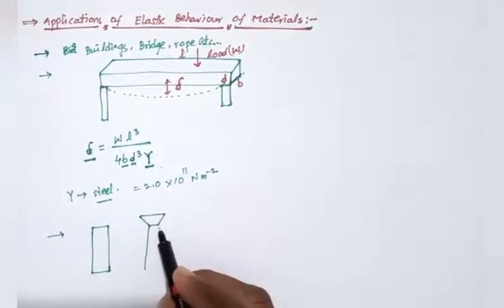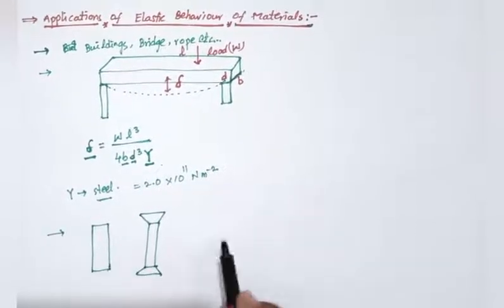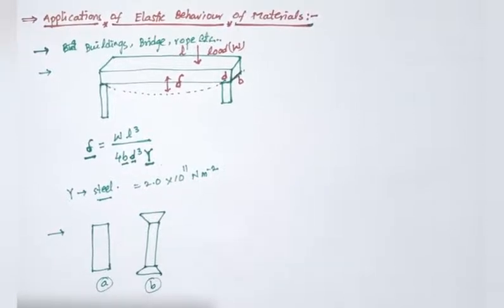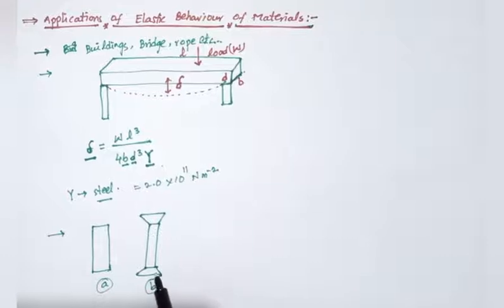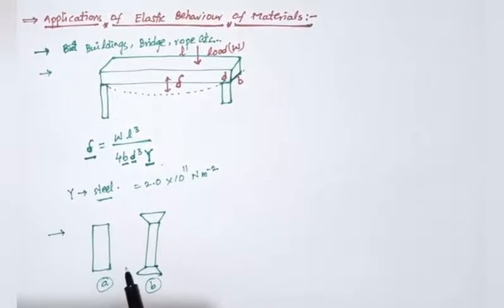So it is A, it is B. Which shape is more useful? The use of pillars or columns is very common in buildings and bridges.